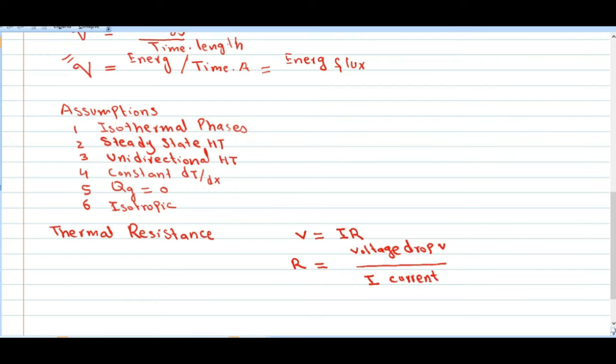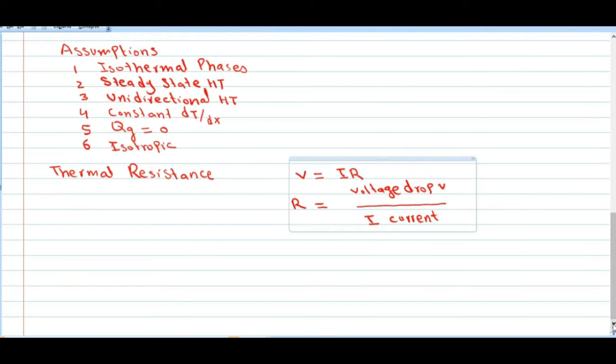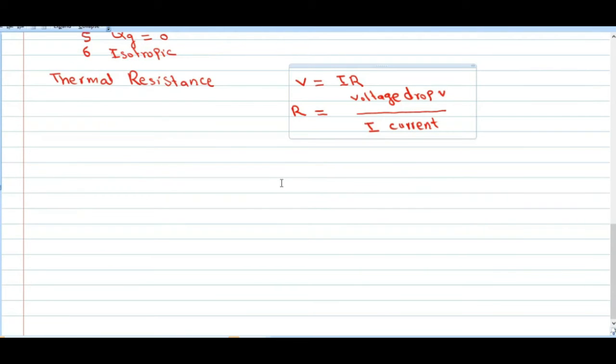Now, heat transfer is analogous to electricity flow. It means the flow of heat transfer can be explained in the same way as the flow of electricity. Flow of electricity is explained by Ohm's law, whereas flow of heat transfer through conduction is explained by Fourier's law. We have seen this already.